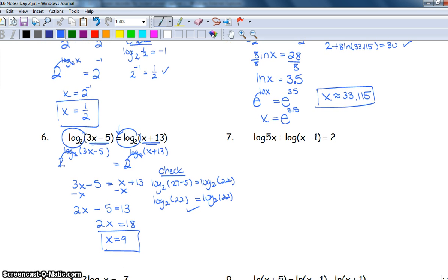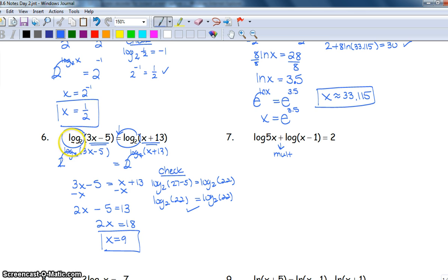Number 7, we have log of 5x plus log of x minus 1 is equal to 2. Now this is a problem where you have to use all of your properties with everything else you know about logs. As soon as I see this plus sign, I know that I was originally multiplying.